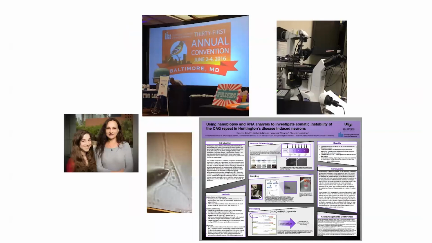Since it's known that the longer the repeat, the earlier the disease onset typically, it's thought that somatic expansion could cause a shorter repeat length to reach the threshold where you're going to get problems. This is an especially attractive hypothesis because patients typically don't get symptoms until they're in their 30s to 50s or so.